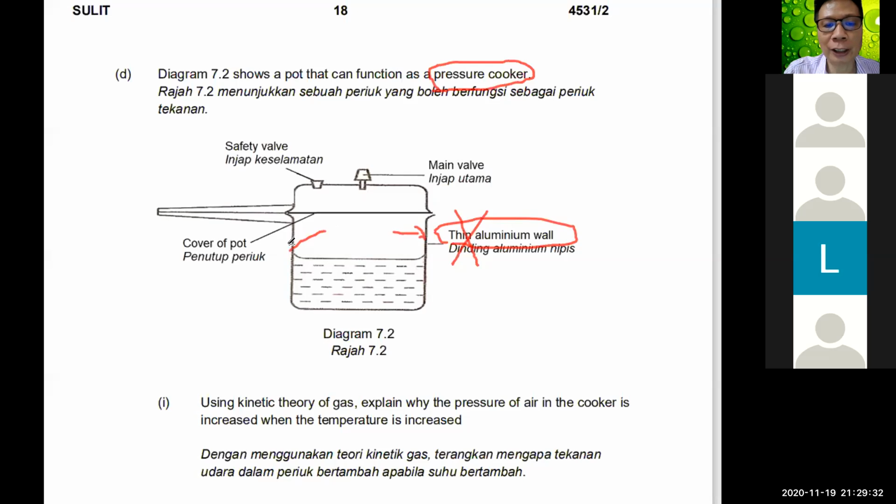When you hit the wall, only then there is pressure. So the frequency of collisions of molecules with the wall of the container becomes higher. So more often it collides with the wall. So this will make the pressure higher. Okay, can you write the answer?